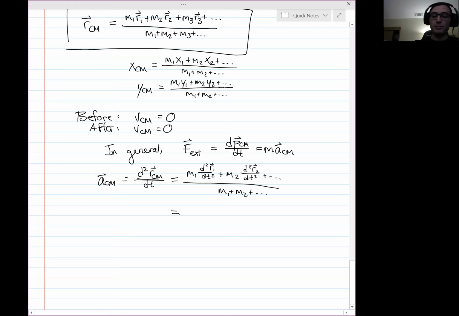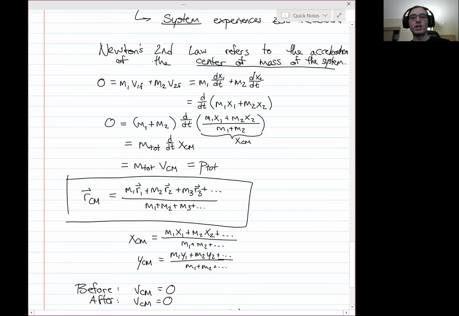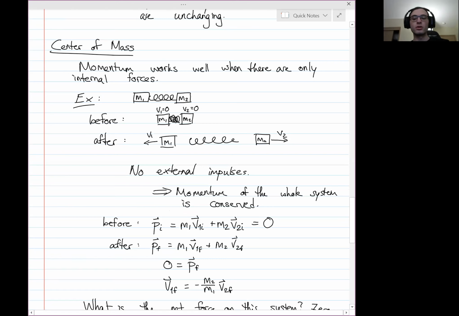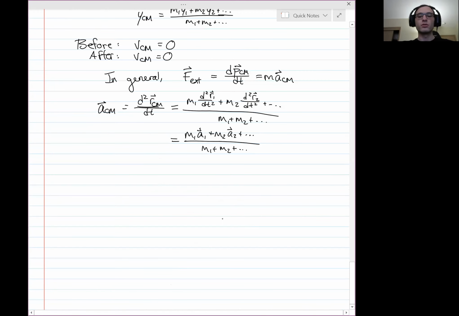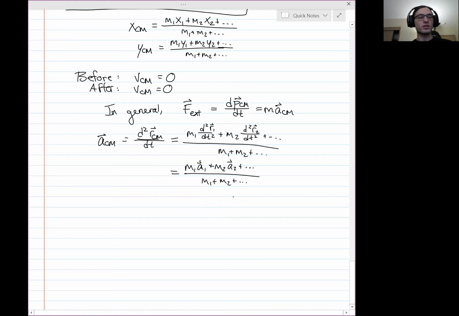And that can be simplified to m1 times a1 plus m2 times a2 plus dot dot dot, divided by m1 plus m2 plus dot dot dot. So the point here is that once we know something about the center of mass acceleration, for example, in this simple example the center of mass acceleration is 0 because there are no external forces, we can then use that to actually compute the acceleration in the various directions.